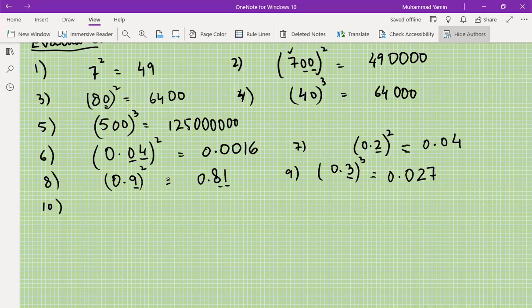Like if it is, let's take it as 0.02 cube. First of all, 2 cube means 8. There are 2 decimal places, meaning 2 digits after the decimal.